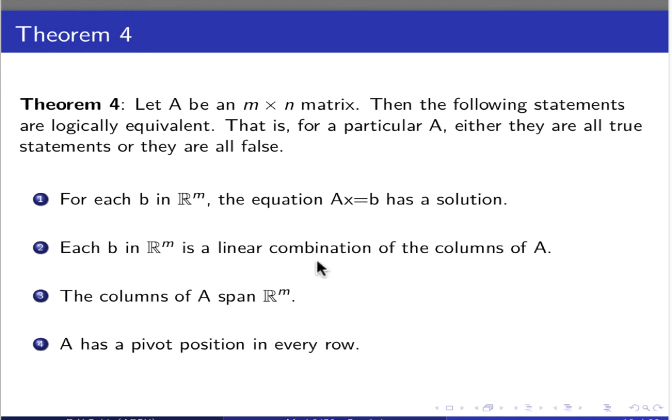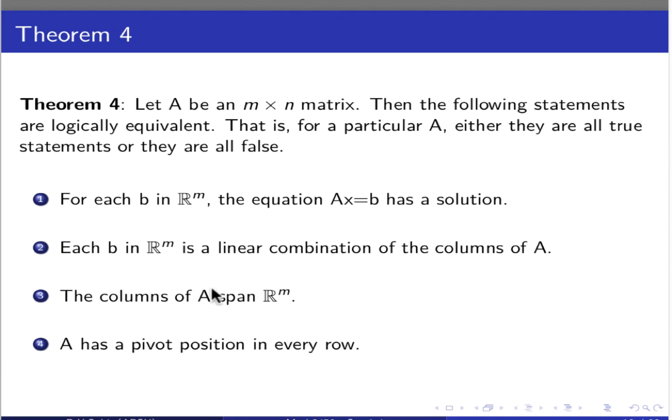Either they're all true or all false. For each b in Rm, the matrix equation Ax = b has a solution, or each b in Rm can be written as a linear combination of the columns of A, or the columns of A span Rm. That's what we are getting.